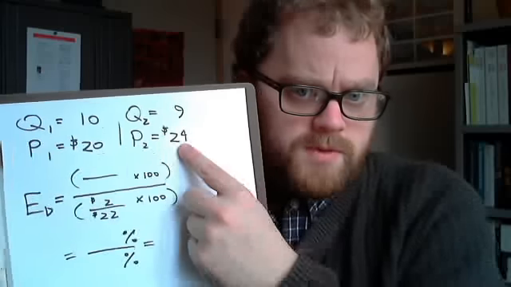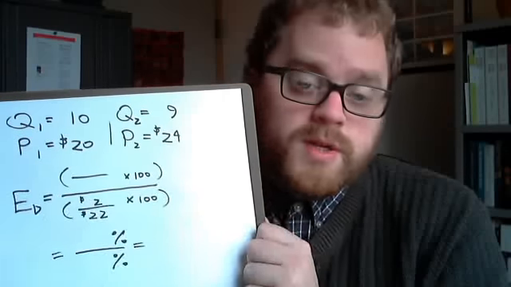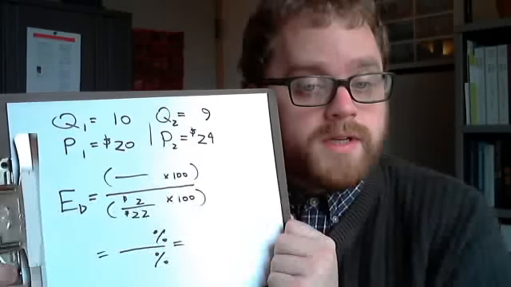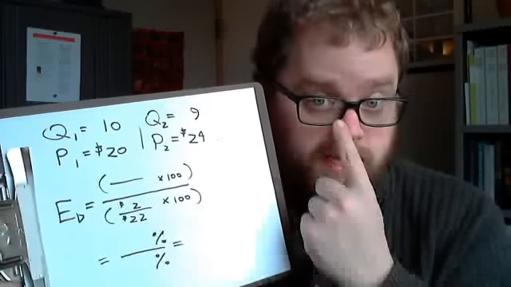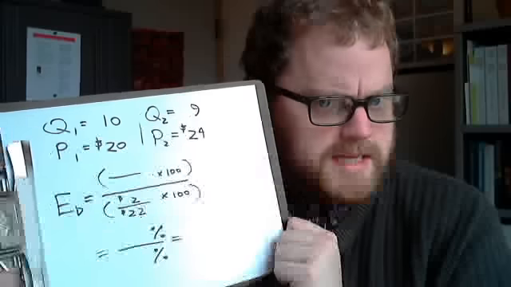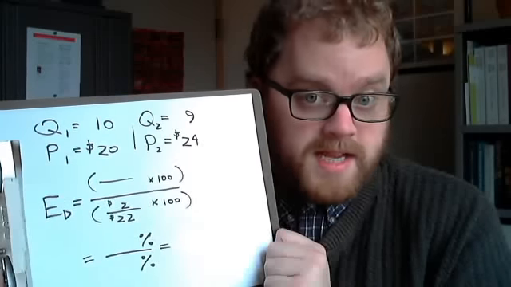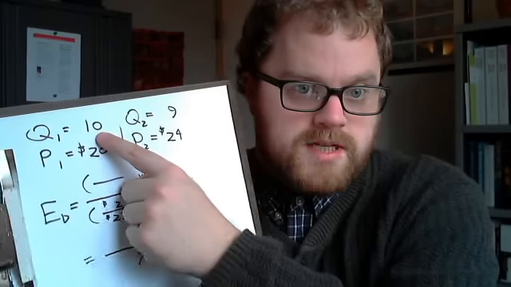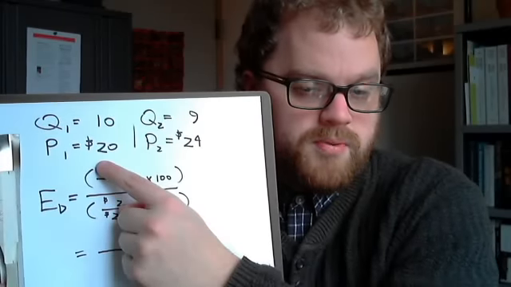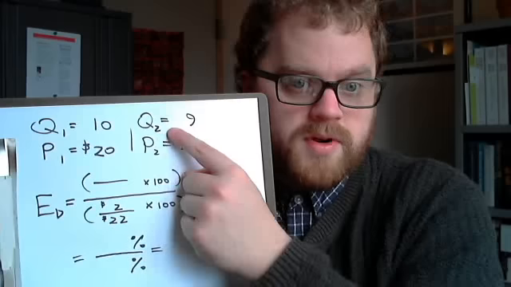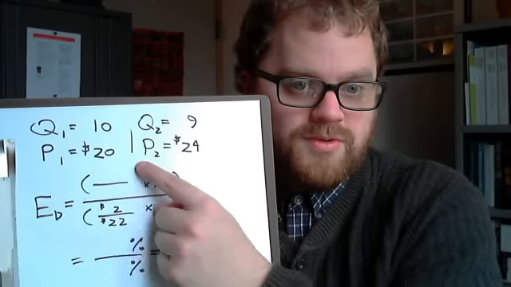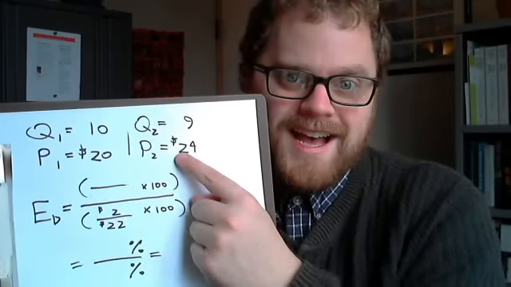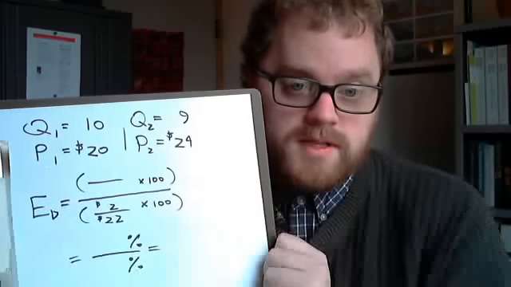So we've gone from 20 to 24 bucks, a $4 price increase here. And of course, like you'd expect, we've got a corresponding decrease in demand accompanying that. So we've got quantity 1 here. Originally, 10 units are being consumed when the price is 20 bucks. When the price goes up to 24 bucks, we find the quantity drops down to 9 units sold.